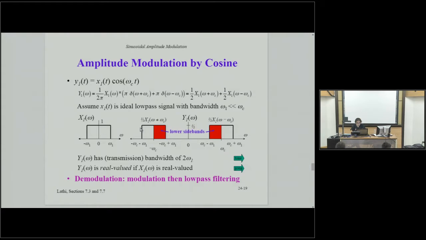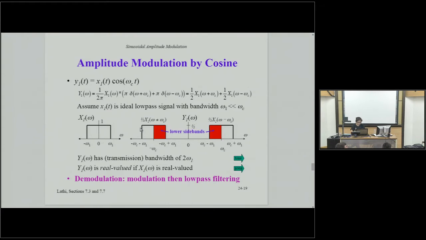It will be centered at omega c and minus omega c, and it will have a bandwidth of 2 times omega 1, not 4 times omega 1. We don't count the negative frequencies, only the positive frequencies. Anything lower than omega c is called my lower sideband, and anything more than omega c is my upper sideband. That's a term in the communication area.